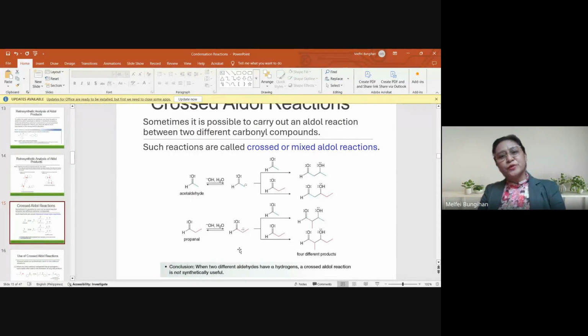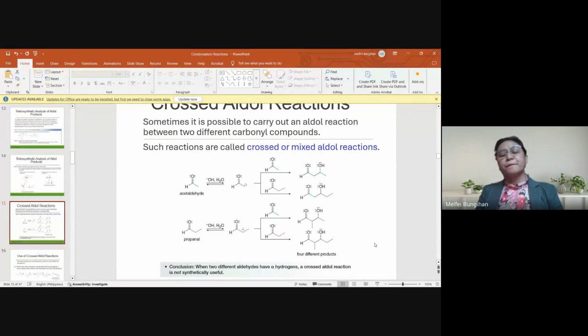Now, we also have what we call the cross-aldol reactions. You have seen so far reactions of the same type of aldehyde or the same type of ketone. But what if we have different aldehydes and different ketones that are reacting? We call that cross-aldol reactions, or we can call them mixed aldol reactions.